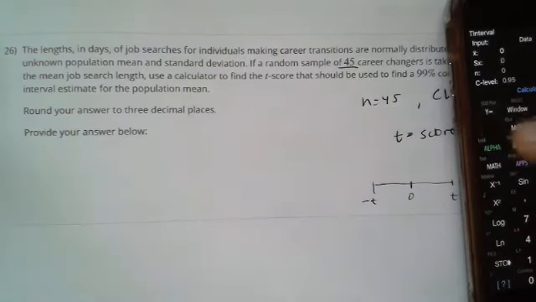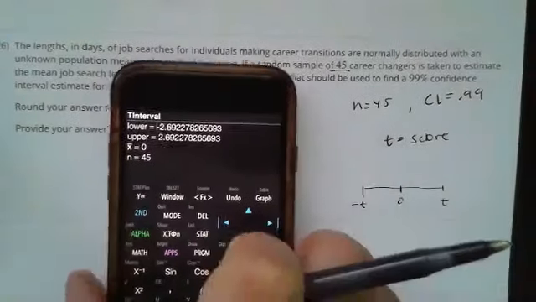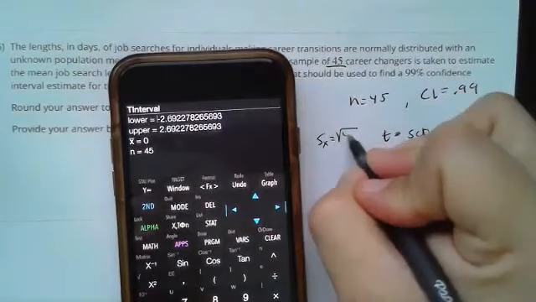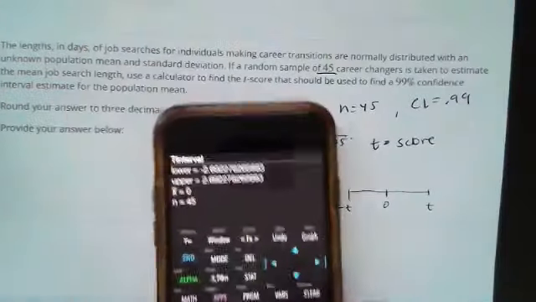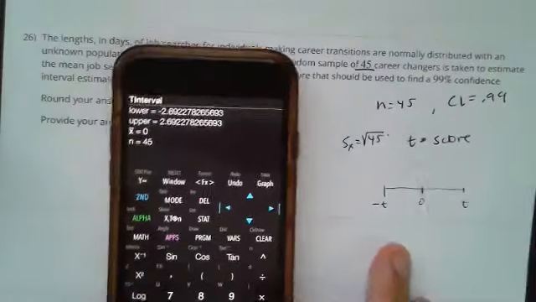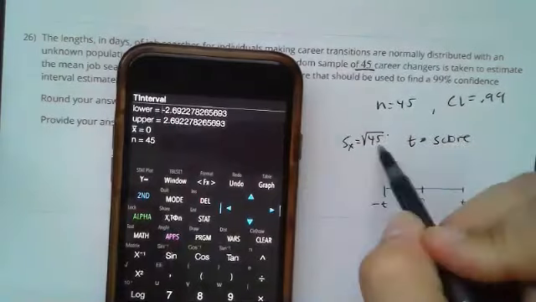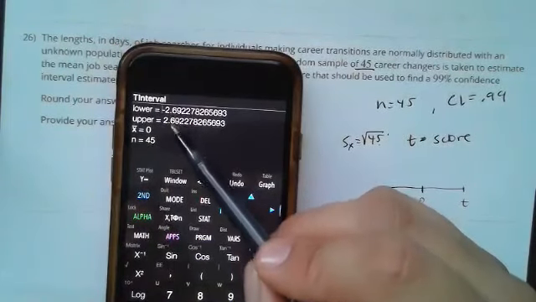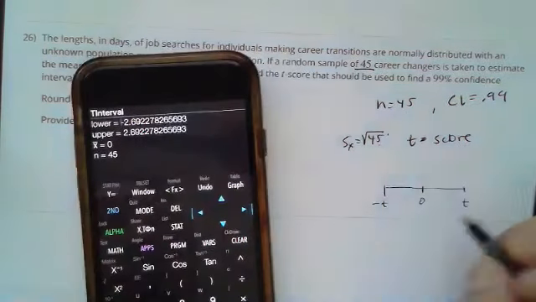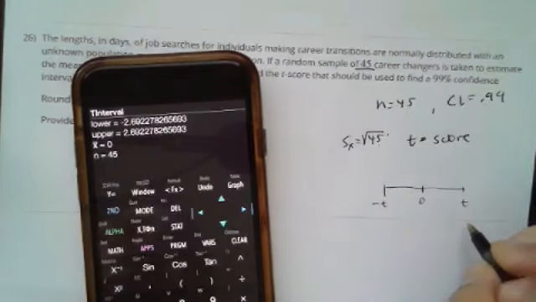Then n is 45, and your confidence level is 0.99. Because we don't know the actual standard deviation, we use the sample one. Then you have an interval that's symmetric about 0, so your t would be 0.2692.